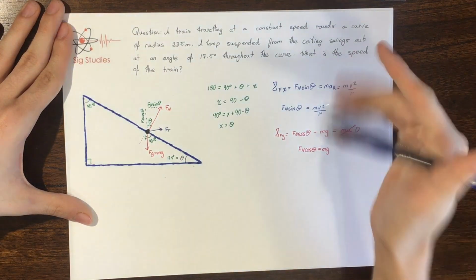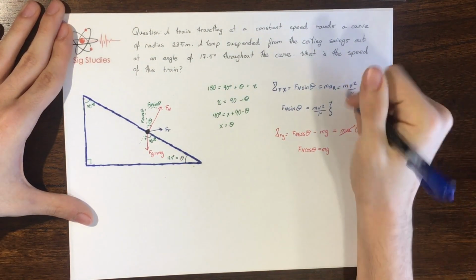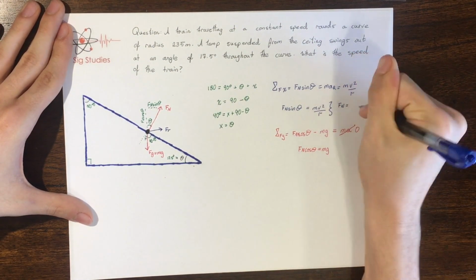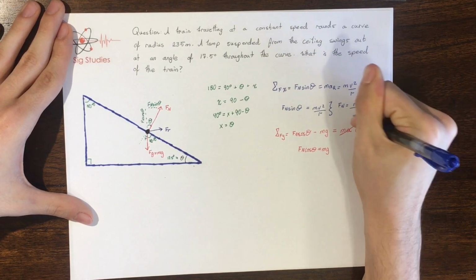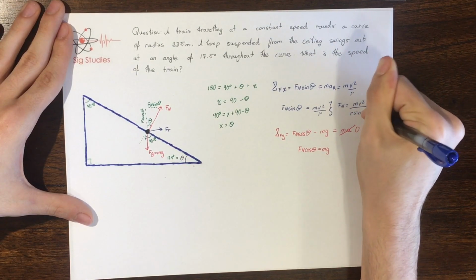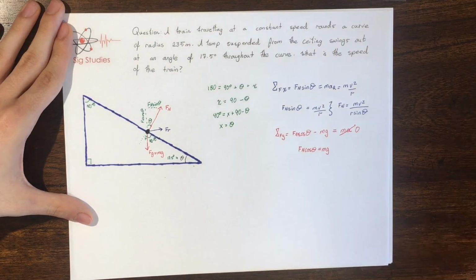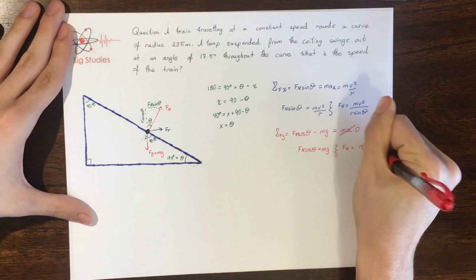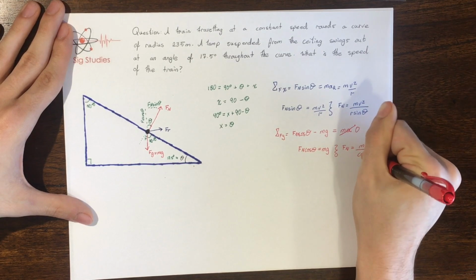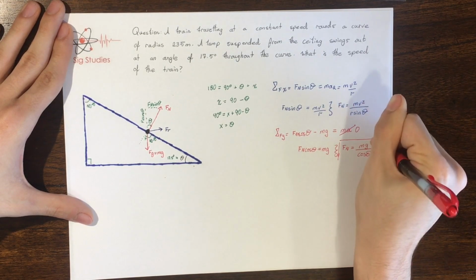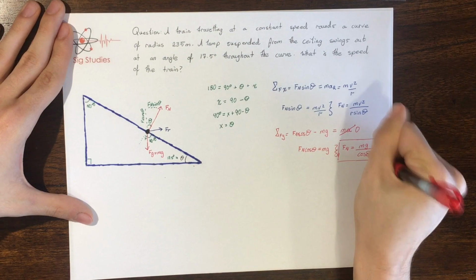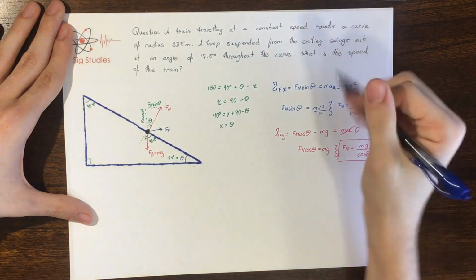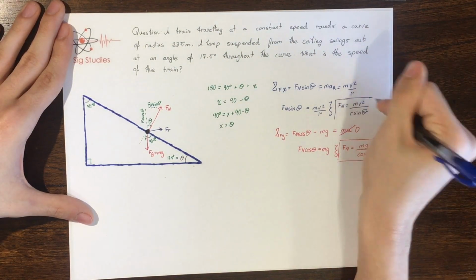That being said, now we can simplify this by saying Fn is equal to mv squared over r sine of theta. And we can do the same over here: Fn equals mg over cosine of theta. Now these two equations we can set equal to each other because they're both equal to Fn.